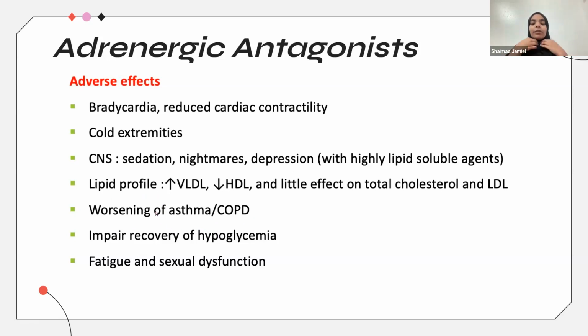Because a beta-2 agonist causes bronchodilation, so if you block that, you're going to cause bronchoconstriction, and therefore you should not give it to people who have asthma. And hypoglycemia: some of the signs of hypoglycemia are tachycardia and nervousness. If you give beta blockers, that's going to mask the effect of hypoglycemia, and that's why it's very dangerous. Someone can have hypoglycemia, but you give beta blockers and you will not notice, and it's going to worsen, and the person might go into a coma eventually. And yeah, basically that's it.